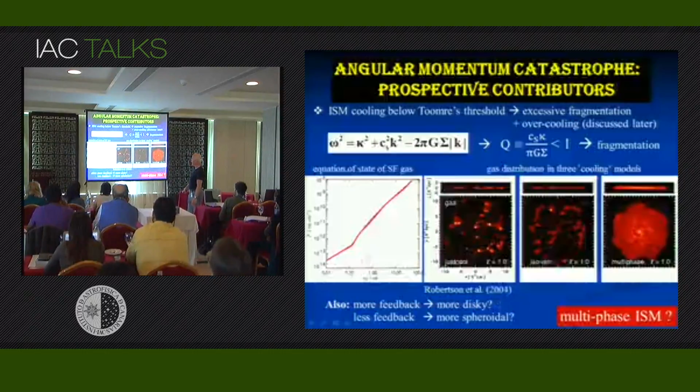And this is the pressure versus number density in the gas. And it has a threshold for star formation at 0.1 particle per cubic centimeter. So it's isothermal equation of state here. And as we cross the threshold for star formation, we introduce additional hot phase.